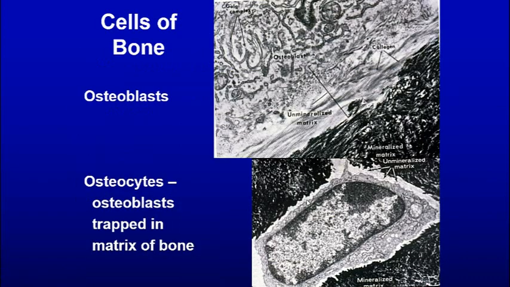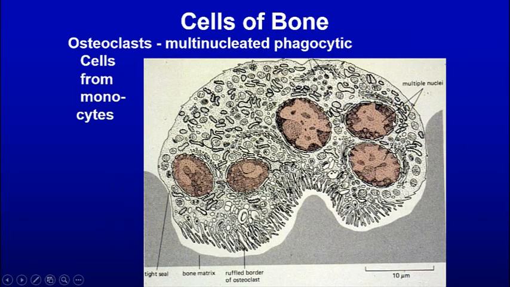In the matrix you can see there's a mineral deposit. It's type 1 collagen, and we can see the periodicity very distinctly. That is the extracellular matrix, and then it's mineralized, and you can see the hydroxyapatite darkness there.